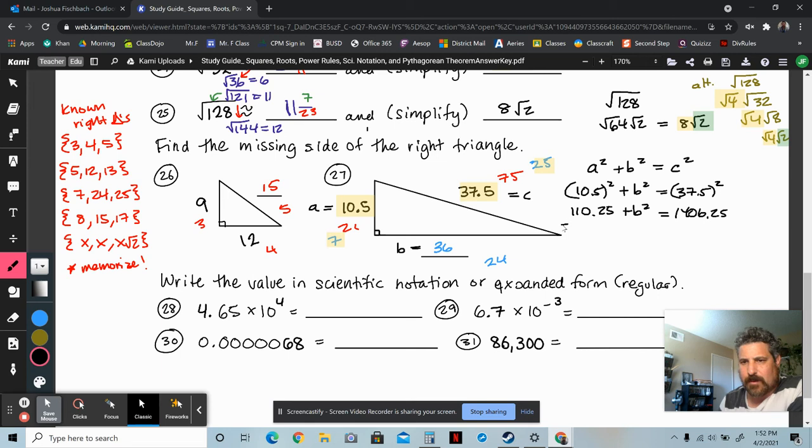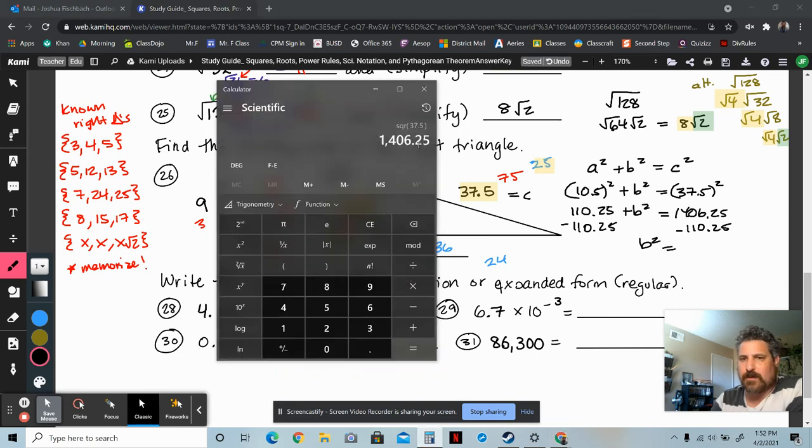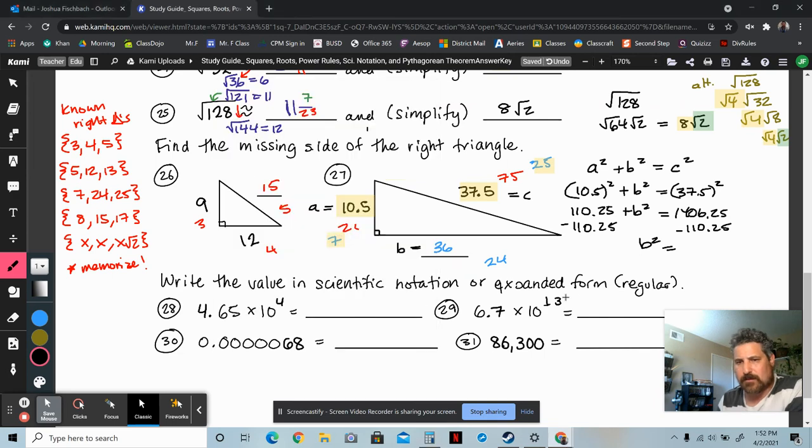You're going to subtract 110.25 from both sides. And you're going to get b squared is equal to whatever that is. So you got basically 1406.25, and you're going to take away 110.25 from that. You're going to get 1296. So now we know that b squared is equal to 1296.